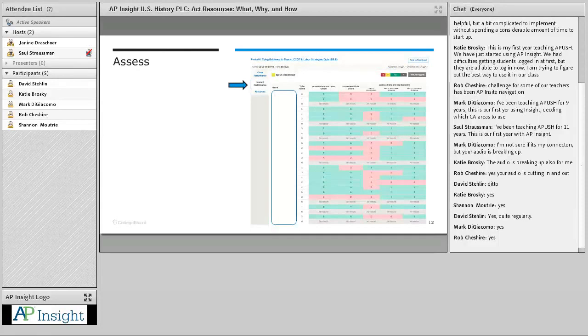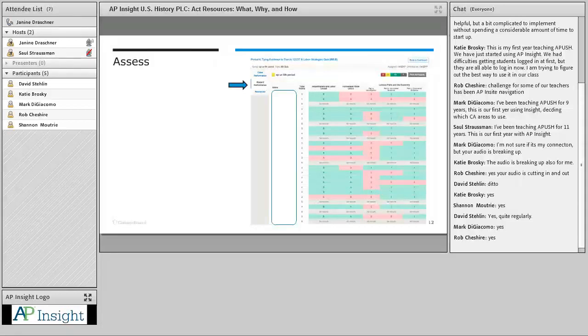And in this case, I can see that my students really misunderstood part A of the short answer question. Even the higher level students weren't able to get the right answer.